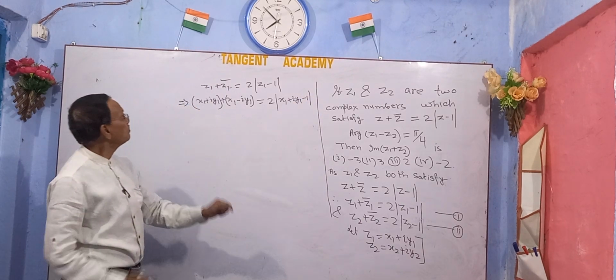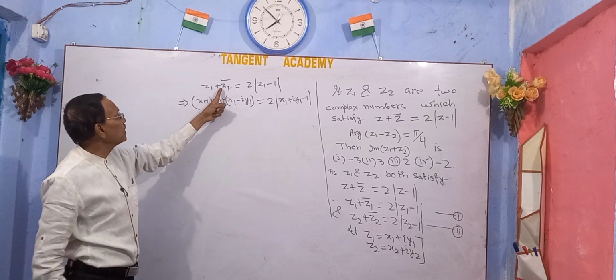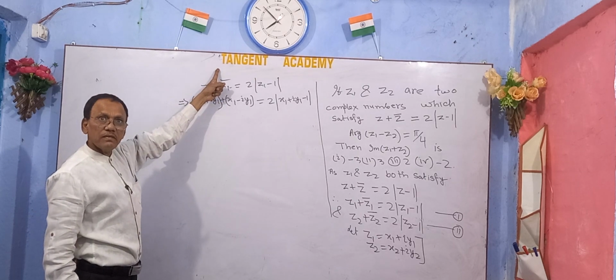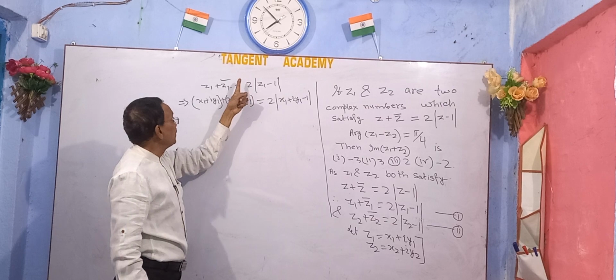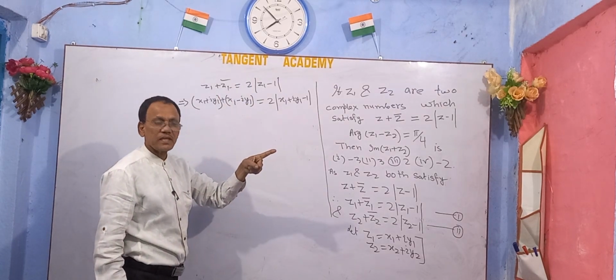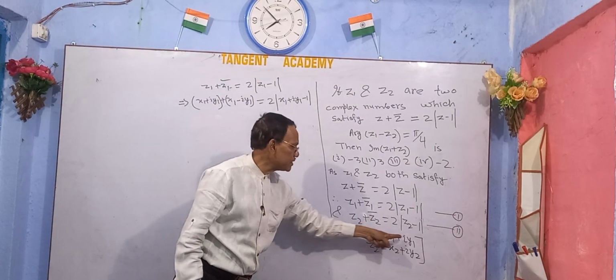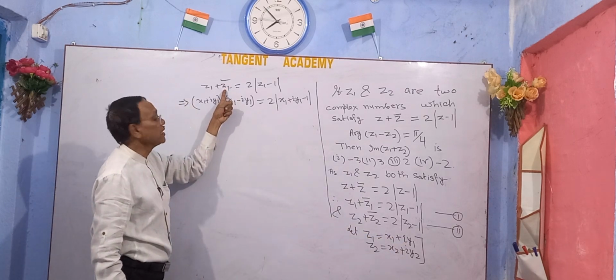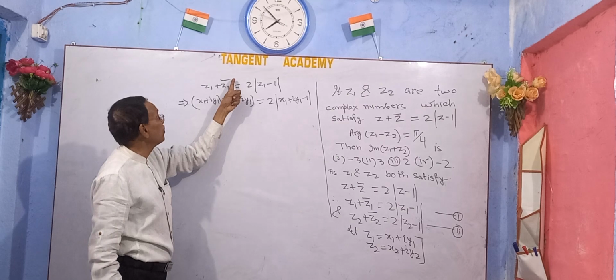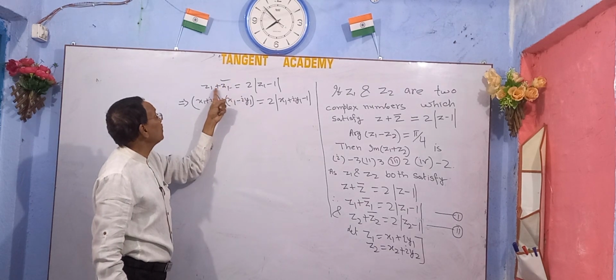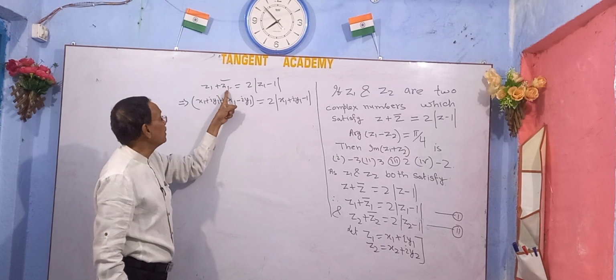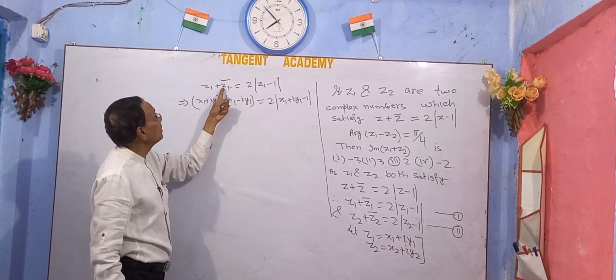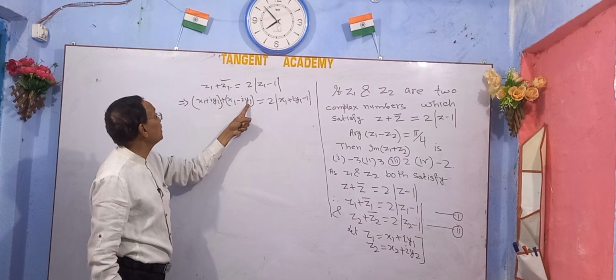As we know, the conjugate of a plus ib is a minus ib. So the conjugate of x1 plus iy1 will be written as x1 minus iy1, and the bar sign symbolizes the conjugate, so the value of Z1 bar is x1 minus iy1.